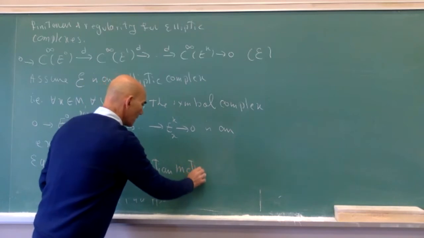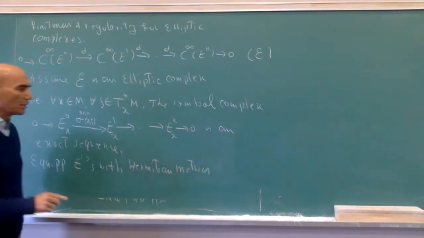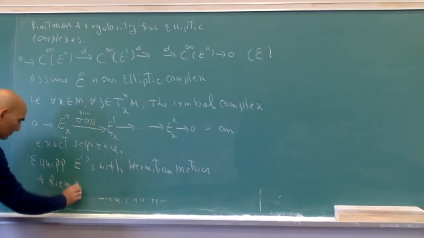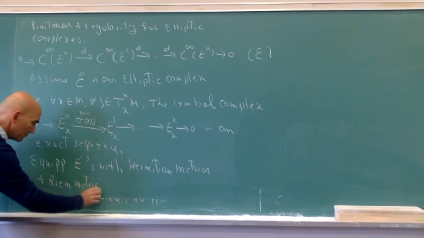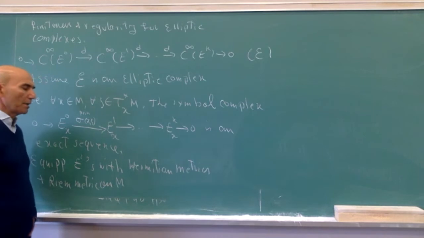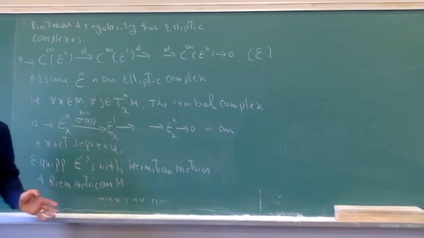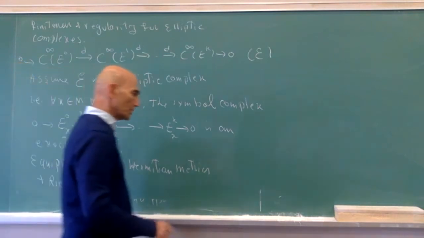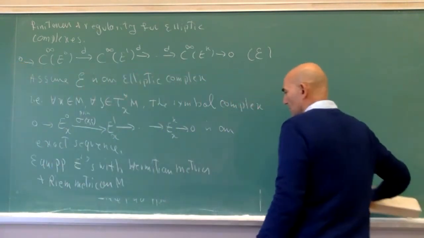You can always do that. And we equip M with a Riemannian metric. That's crucial now. And again, let's assume that M is oriented, just to make life a little bit easier.